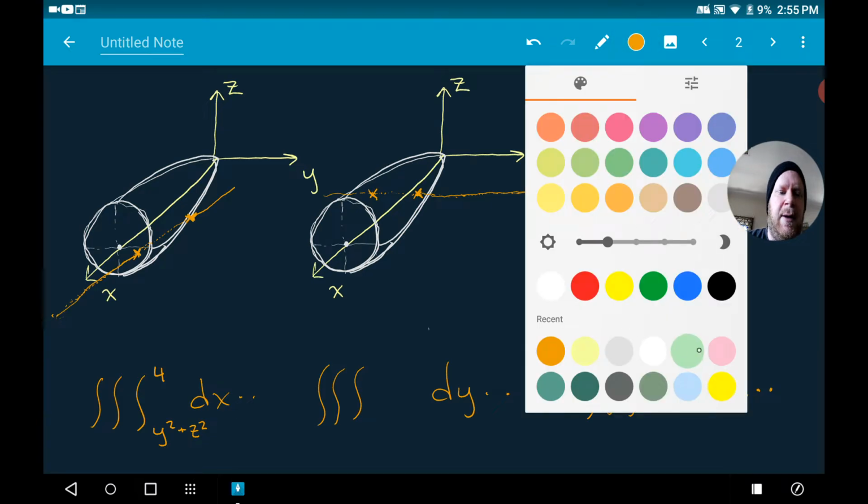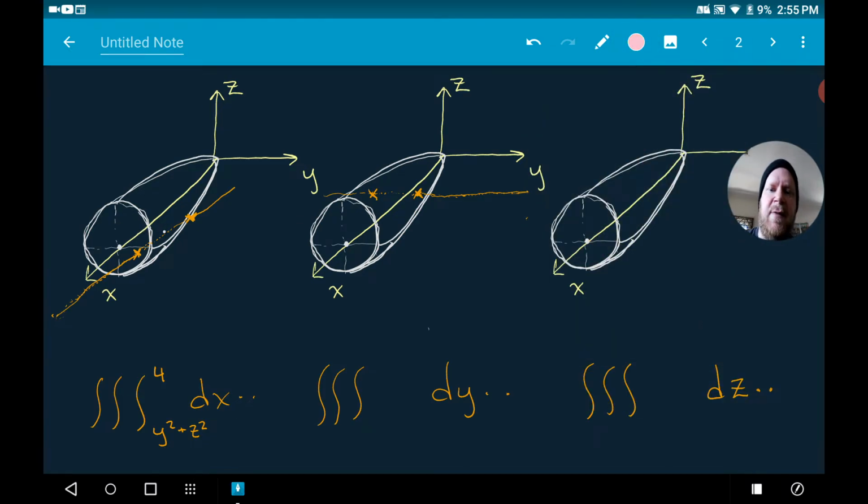So I'm going to start using a color scheme here to talk about the 2 surfaces. So in the previous example, the first thing it hits is the plane, and the second thing it hits is this paraboloid, right?